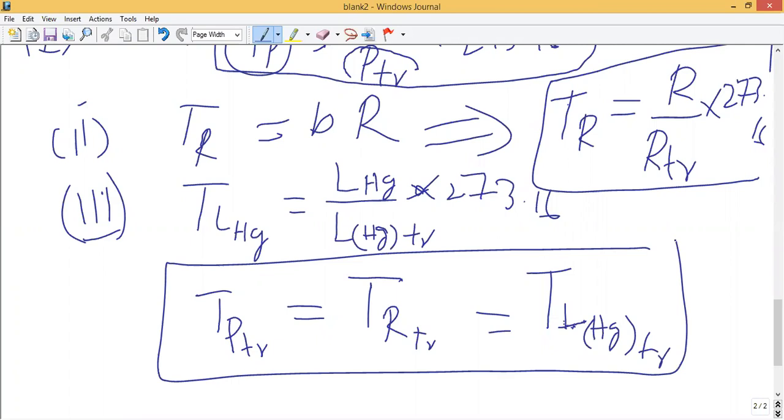This is where we can write that these all coincide at only this temperature. Okay, but at different values, in general, they do not coincide. Okay? Their values will be different.